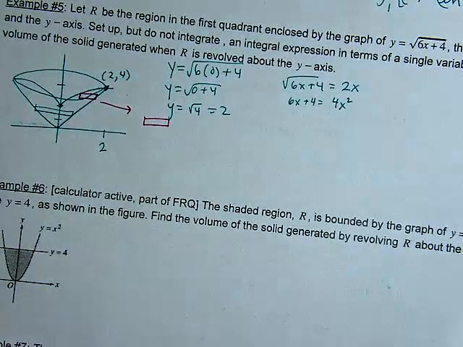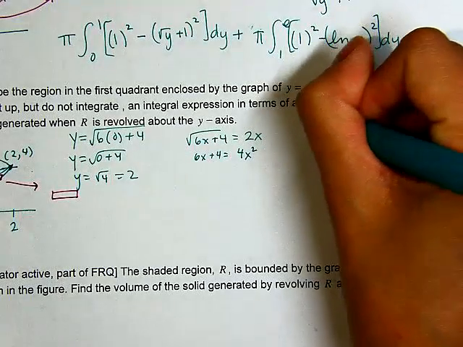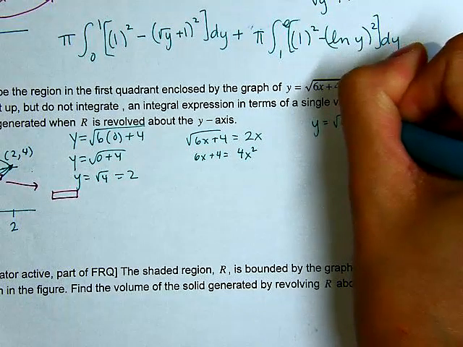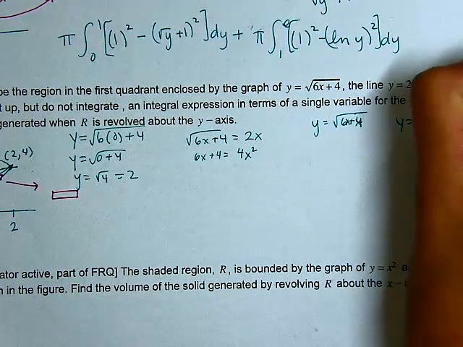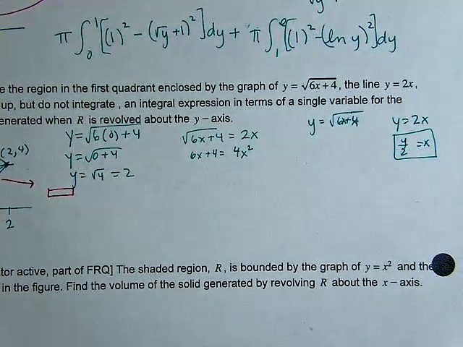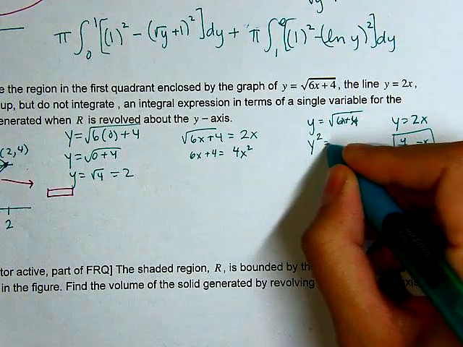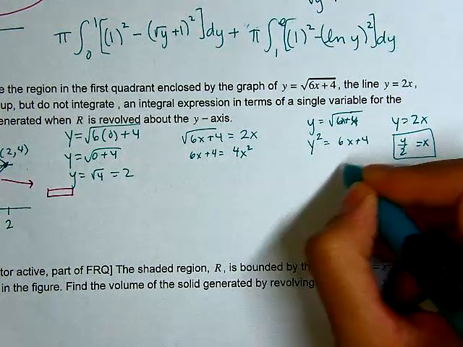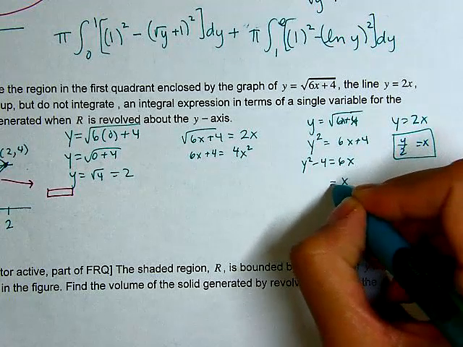So in order to see what those are, we do need to solve for x in both equations. Well, this one has less steps, a little more straightforward. The other one, you do need to square both sides. Subtract the 4. And then divide by 6.